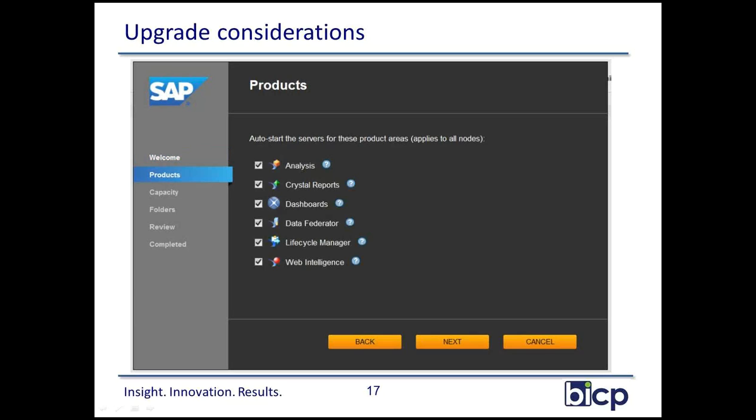Once again, when you're done, it'll disable the services for the products you're not using. For those of you who are not that familiar with CMC or the server processes in the background, you have to be very careful in terms of what you're shutting off. There are many services referred to as Crystal Reports services that in fact span over to support other tools.